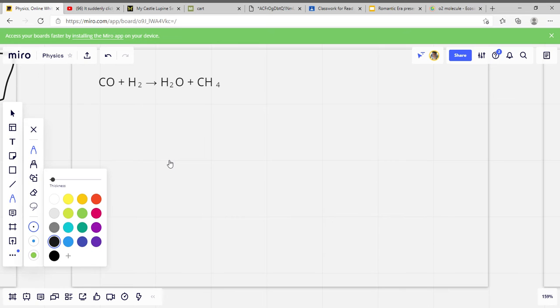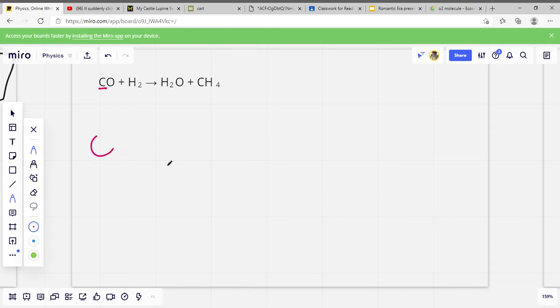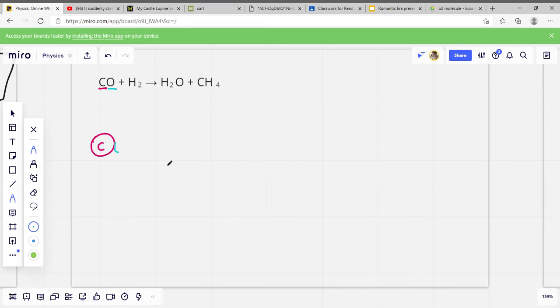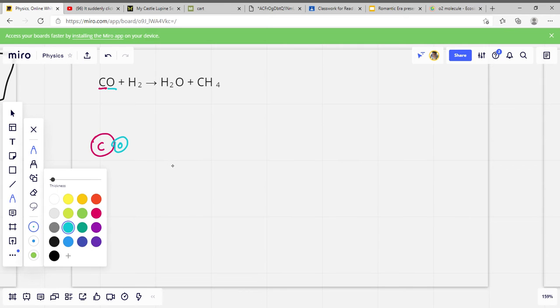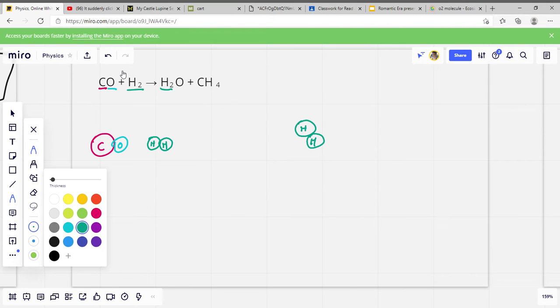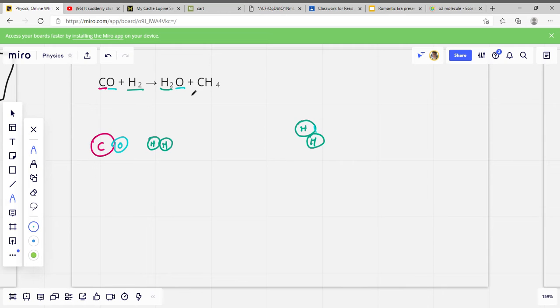Alright, so for this one, we're going to do the same thing. We're going to start off with carbon. And that's joined to an oxygen. And that we're adding hydrogen 2, H2. So that means 2 hydrogens joined together. Okay, and that's going to equal, then we have H2O, so 2 hydrogens joined together with an oxygen there.